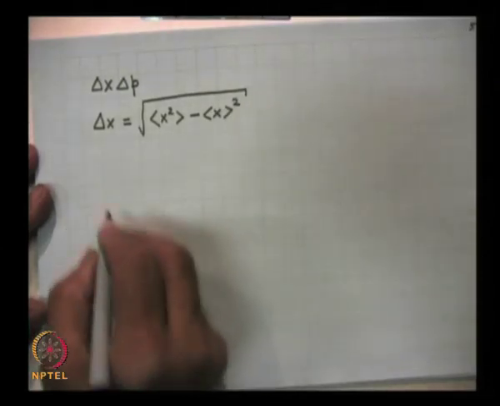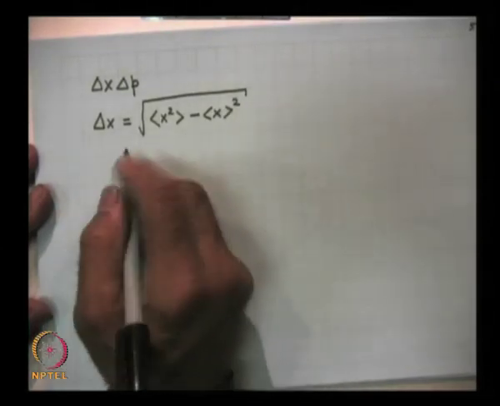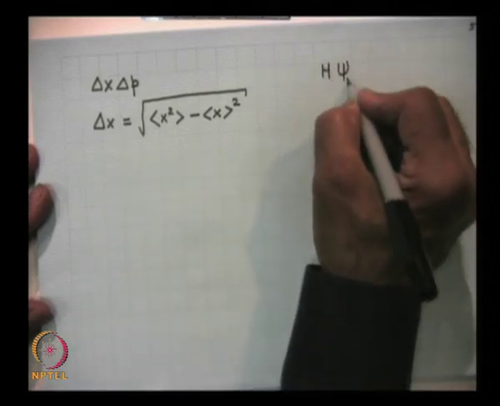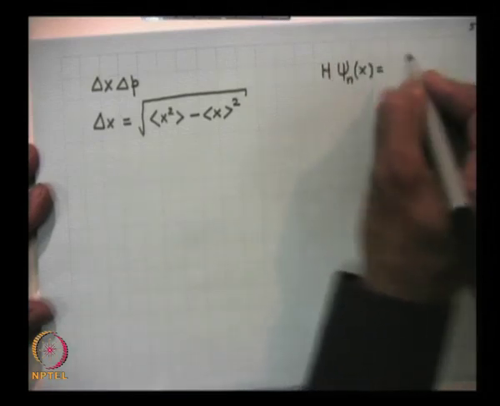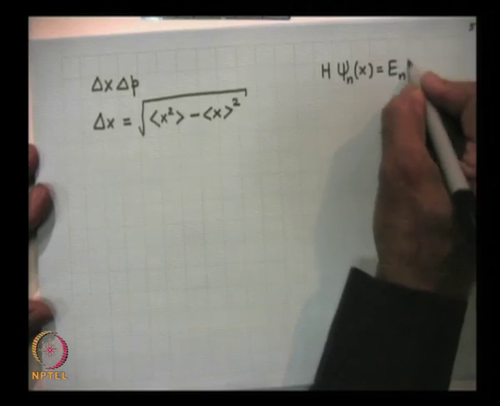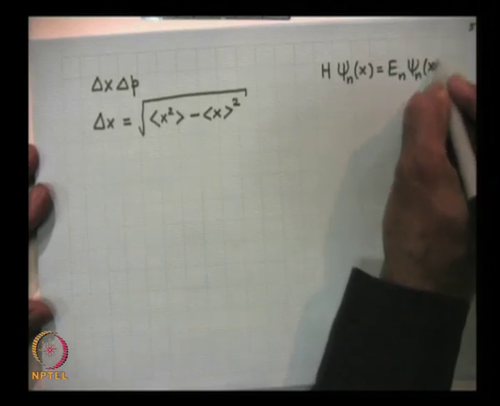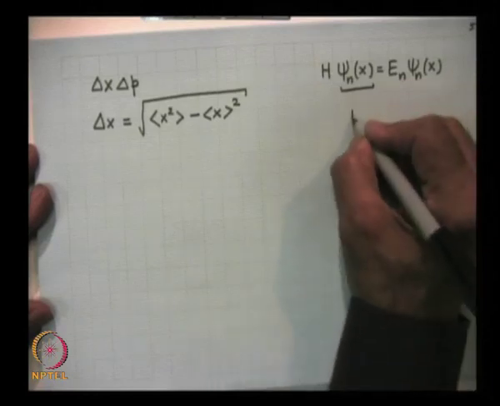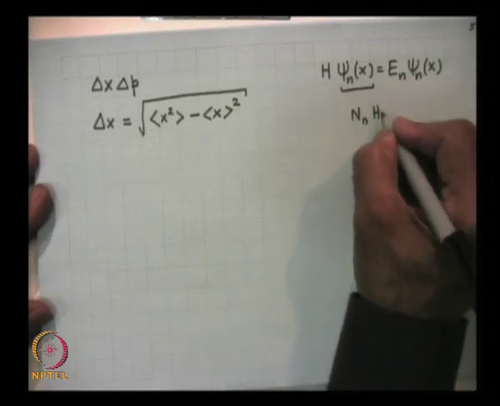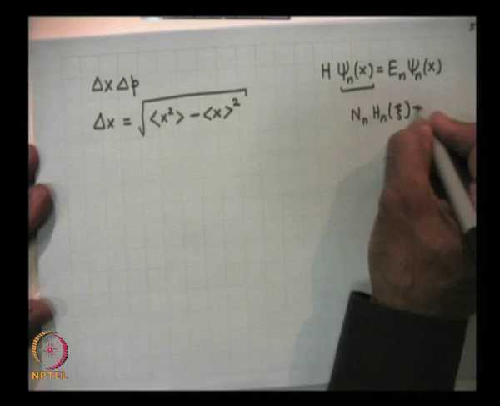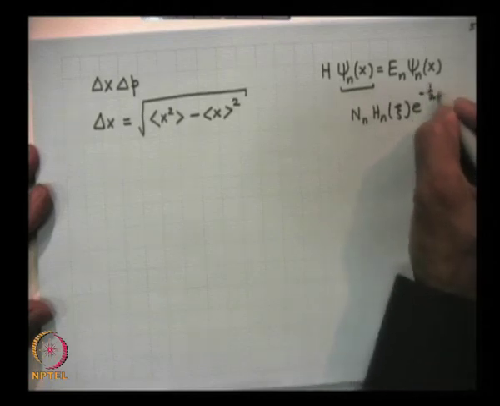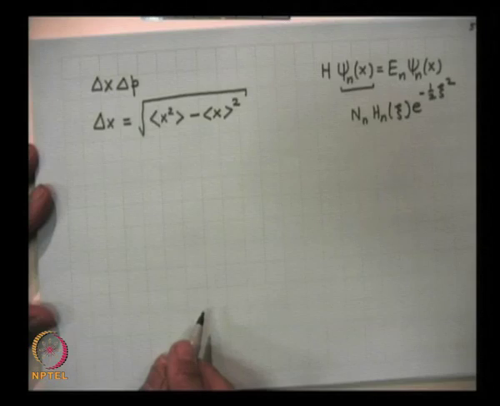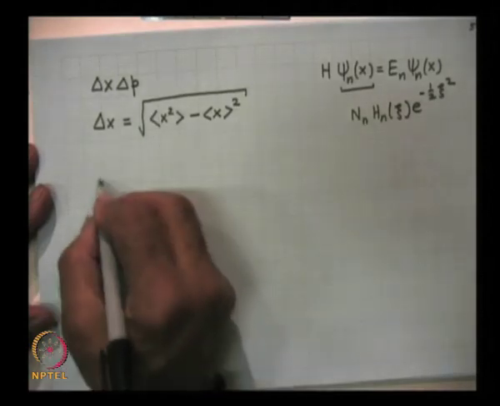Now, if you use Schrodinger type of wave functions, let us suppose we have H psi n of x equal to E n psi n of x, where psi n of x, as you recall, for the harmonic oscillator problem was N n H n of psi times e to the power of minus half psi square. These are the normalized eigenfunctions. So, what will be my x square?